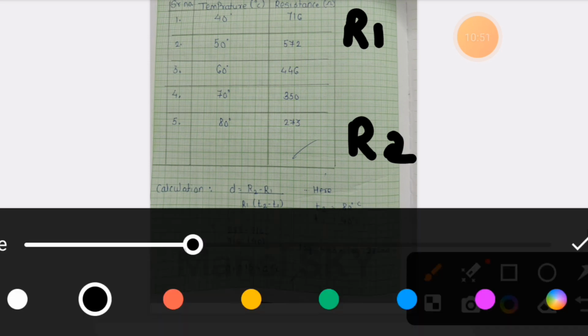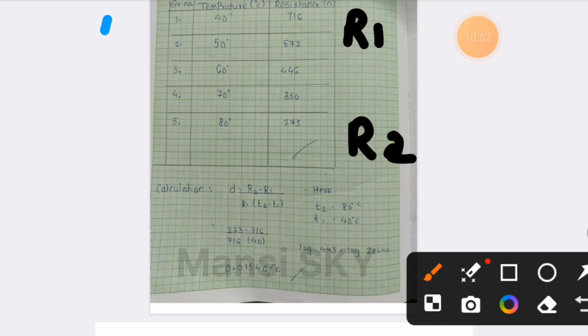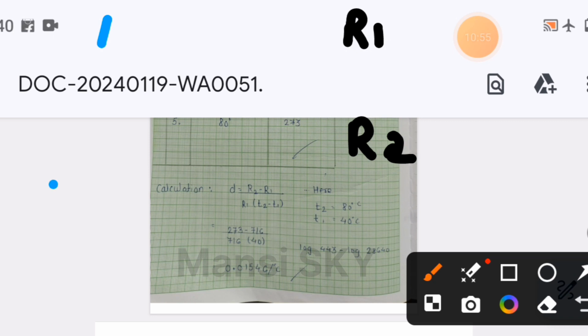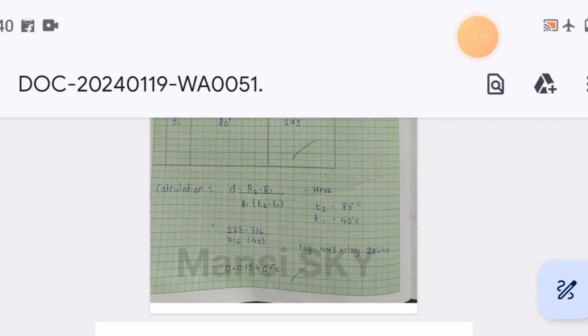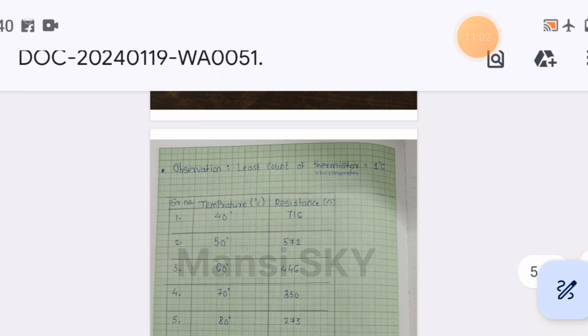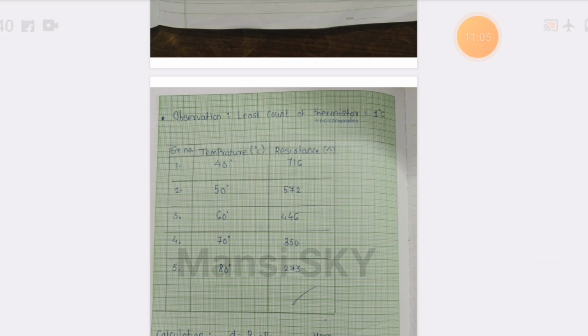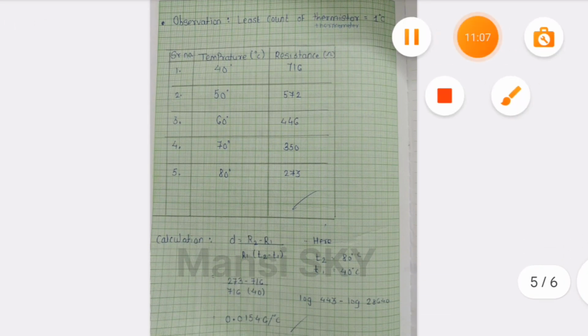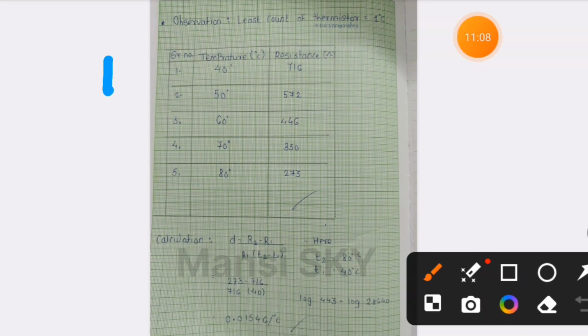The first temperature is definitely T1, and the last temperature is going to be T2. So this is going to be T1 and this is going to be T2. In this way you can find R2, R1, T2 and T1.